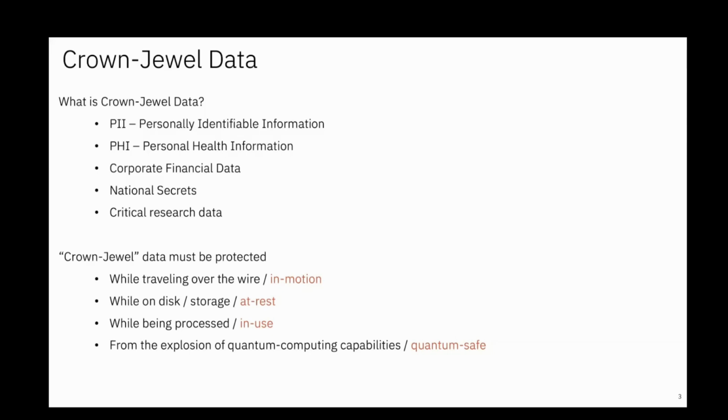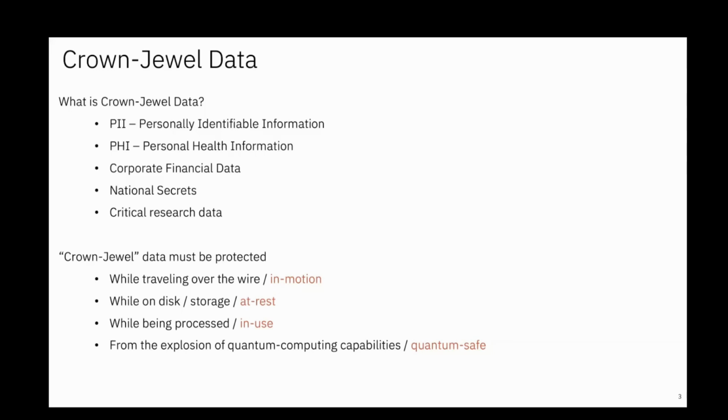And when it comes to protecting, we have three states of data that we know of. When traveling over the wire, it's in motion. While it's on disk, it's at rest. And while being processed, it's in use. And the fourth state, I would say, is quantum safe capabilities, which will also be covered in this presentation.